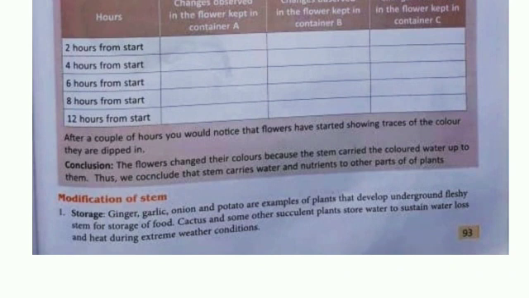Because they are desert plants, they have to store water and also prevent transpiration from the plant. So here the modification of a stem is for storage of water also.